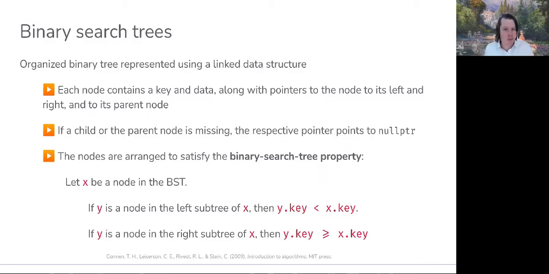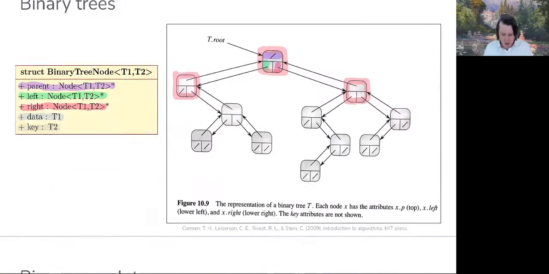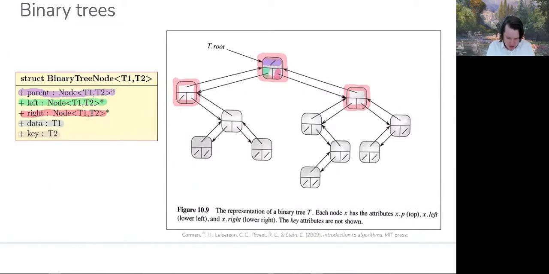Now here's what makes a binary search tree a binary search tree and not just a plain vanilla binary tree. The nodes in a binary search tree are going to be arranged to satisfy what we're going to call the binary search tree property. So let X be any node in a binary search tree. If Y is a node in the left subtree of X, so if we look up here, let's use this node here as an example.